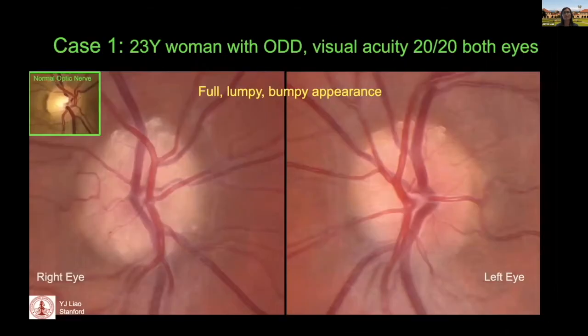So this is an example of bilateral optic disc drusen in a 23-year-old woman. The upper left picture is what a normal optic nerve should look like. And this patient, despite having 20/20 vision in both eyes, this is what her optic nerves look like. So there's a full, lumpy, bumpy appearance in both of them. And I have arrows pointing to some sort of texture that you could see in the optic nerve.